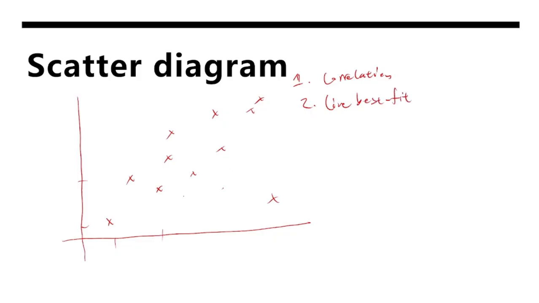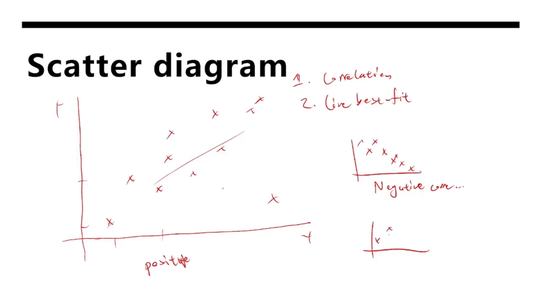So first, correlation. This graph here will be positive correlation. It's going in the positive direction. And if it's like this, an obvious negative trend, it would be negative correlation. And if it's scattered all over with no trend, it will be no correlation or zero correlation.